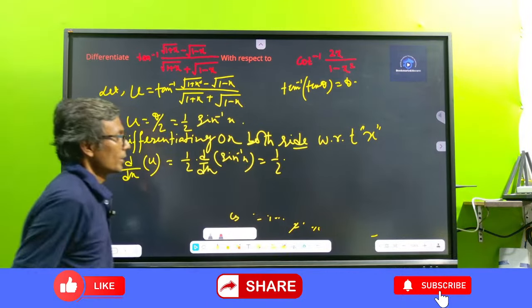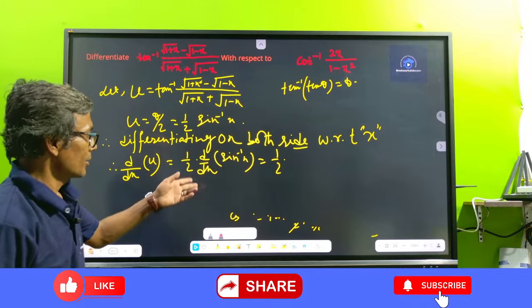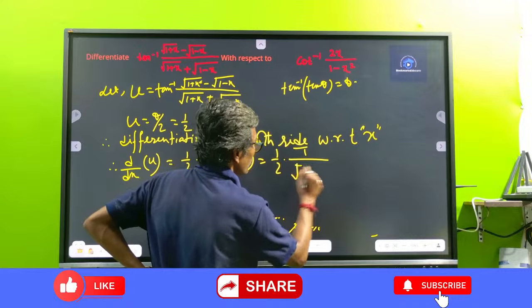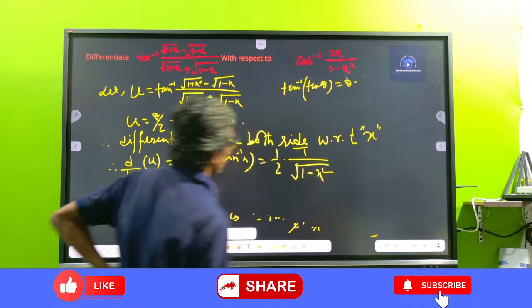The formula for the derivative of sine inverse x is 1 by root over of 1 minus x square.